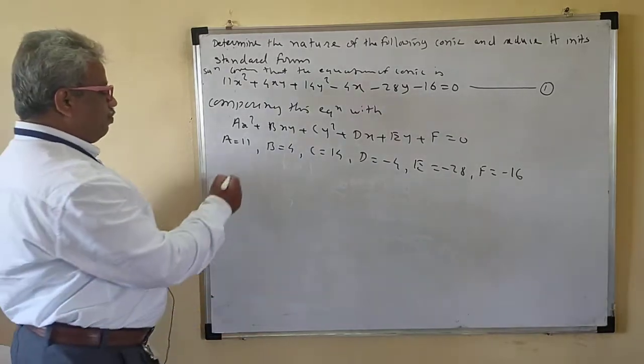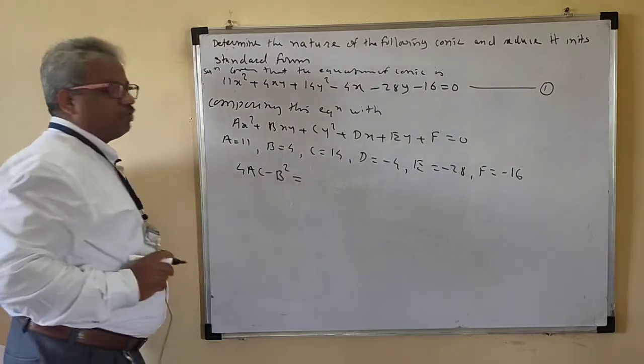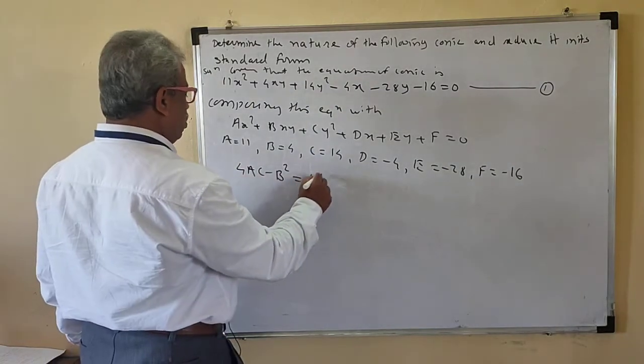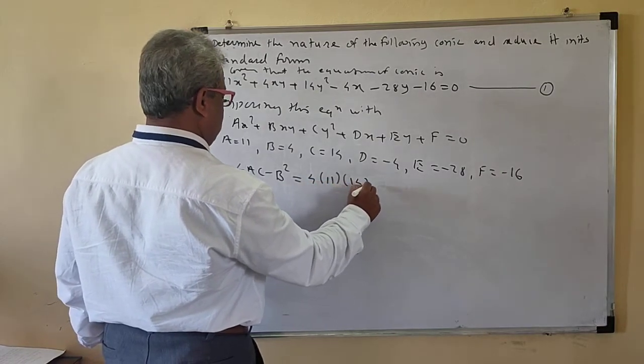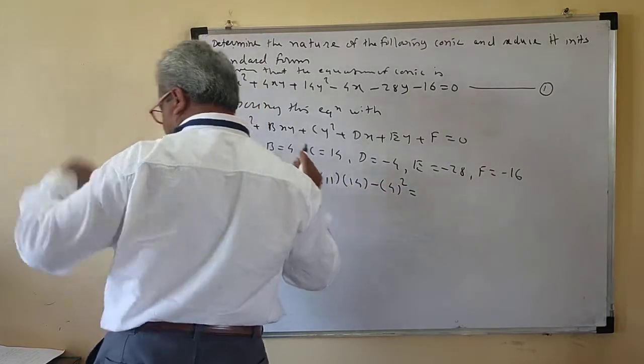Okay. So we are familiar with this one. Now with 4ac minus b square, we will find the value of this one. 4ac minus b square. So 4, your a is 11, your c is 14, minus 4 square.